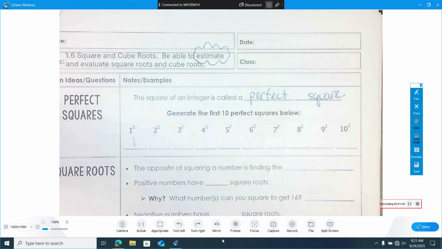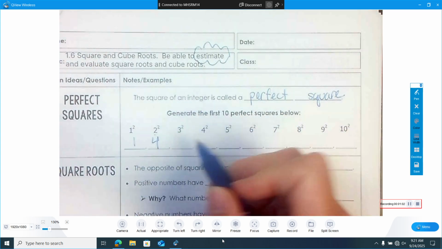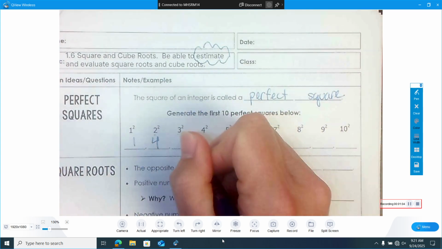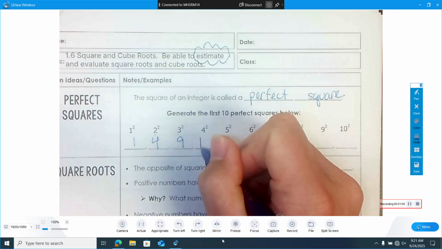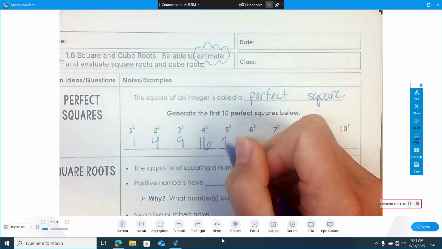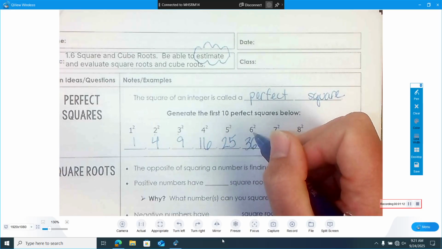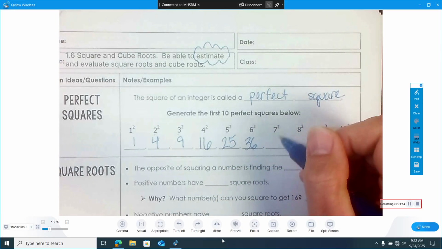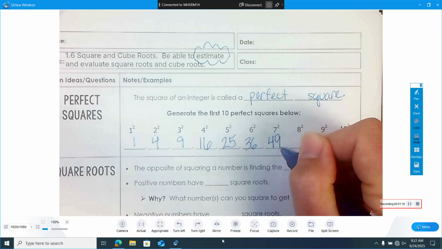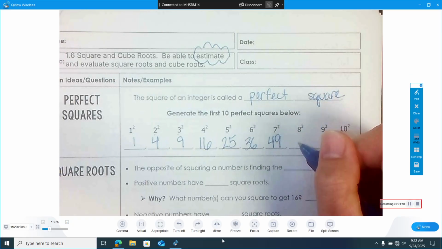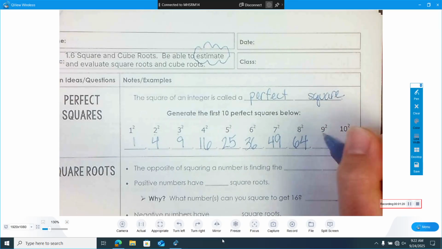What is 2 squared? 4. 3 squared? 9. 4 squared? 16. 5 squared? 6 squared? 36, because 6 times 6, right? So 7 squared is 49. 7 times 7 is 49. 8 squared? 64. 9 squared? 81. And 10 squared? 100.